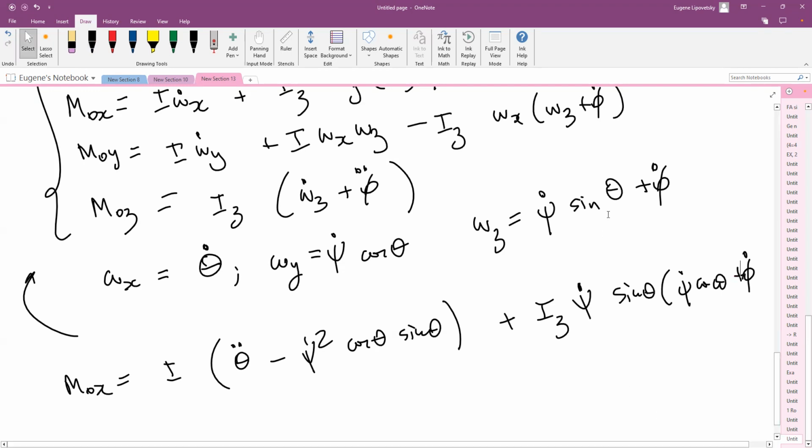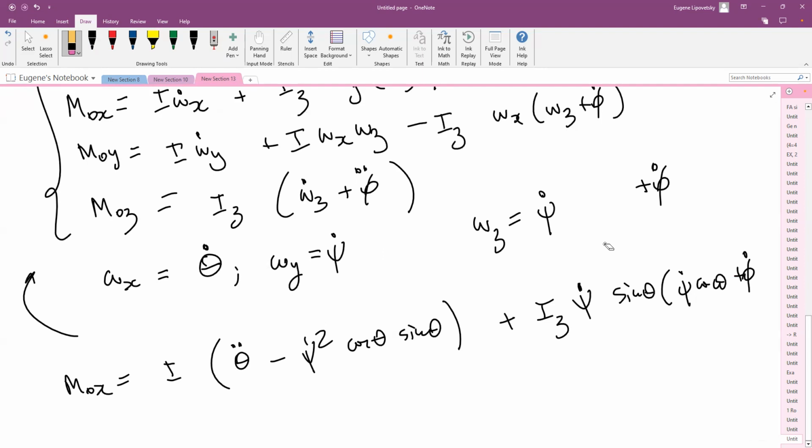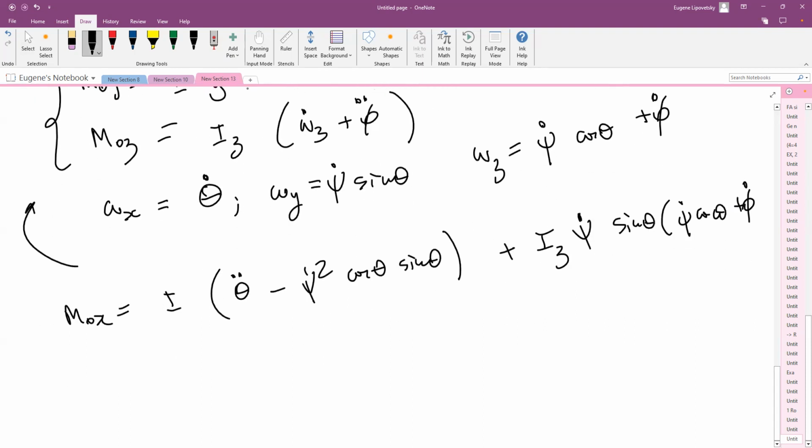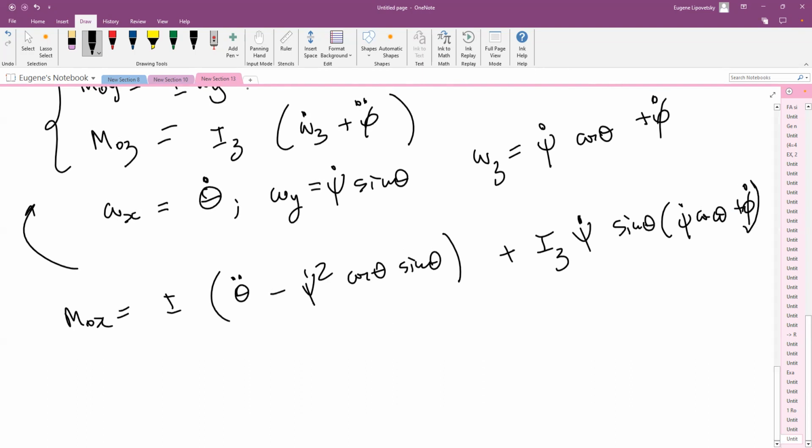So yes, it's going to be cos theta here, sorry, this is cos, and this is sine. So that's the first equation.